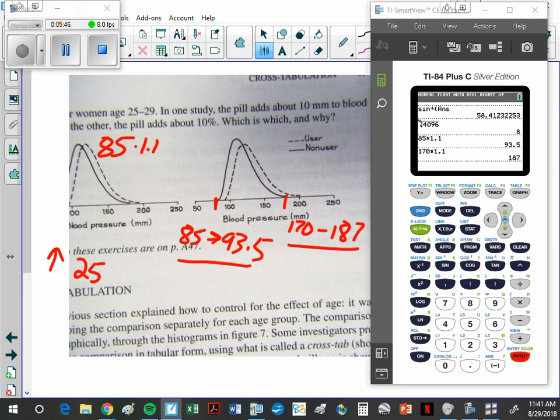I can't do my math. This person went up 8.5 millimeters, and this person went up 17 millimeters. But wait, they both went up 10%. Why is one bigger than the other? Because one of them started with more than the other, right?